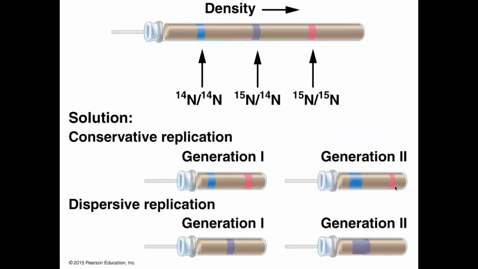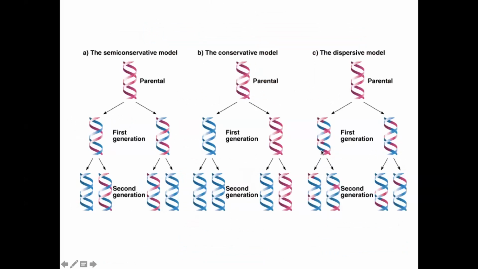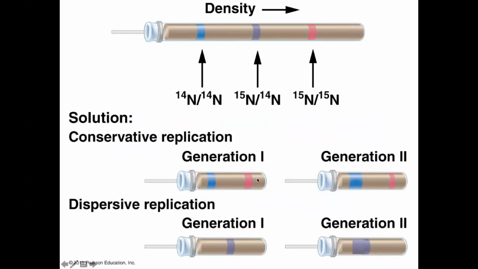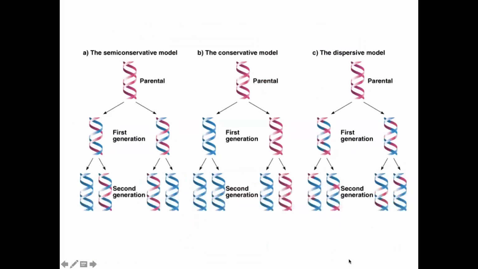So what about dispersive? So again, dispersive, after one round of replication in the presence of the N14 isotope, here's the result. You get hybrid molecules, so you predict a band somewhere near the middle of your gradient. And after two rounds of replication, using this dispersive model, you create four daughter molecules, all of which contain some N14 label and some N15 label.